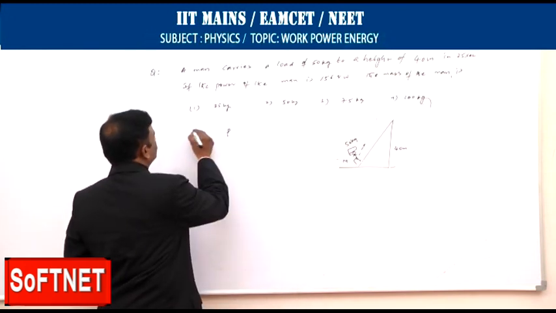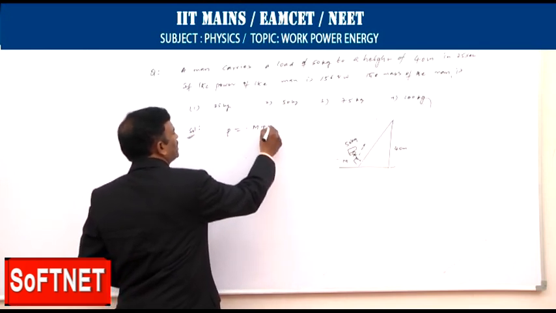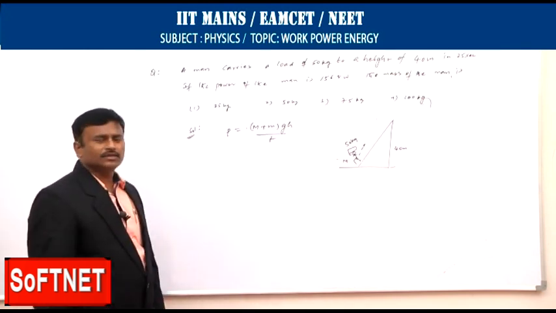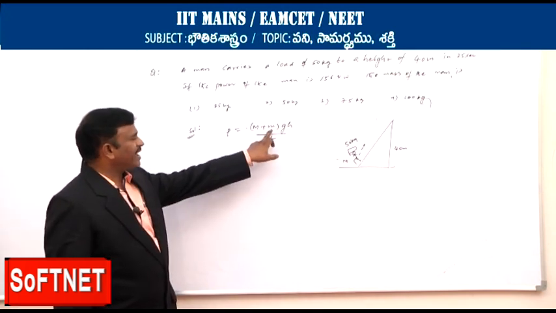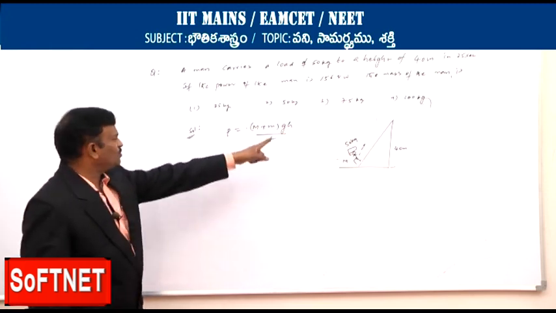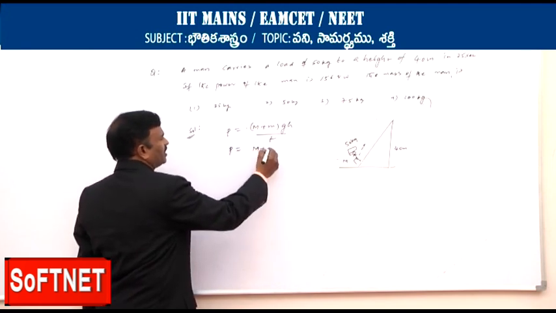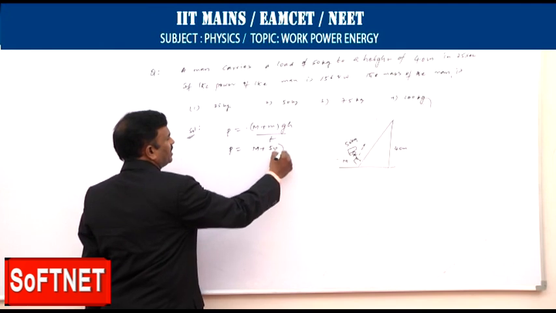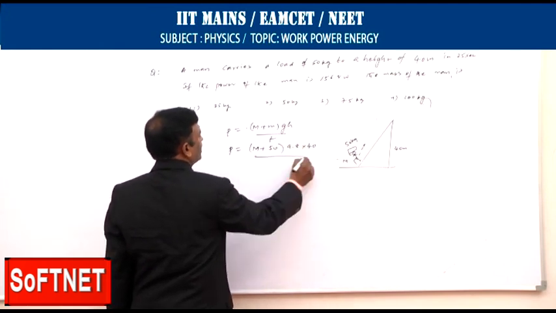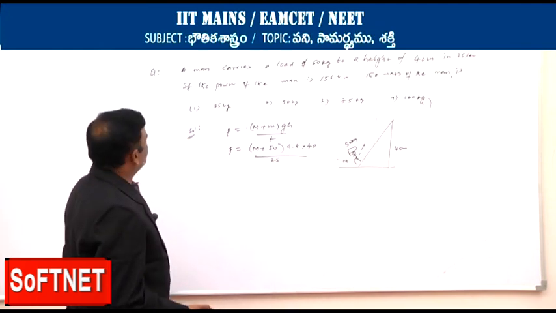So the solution: power is equal to M plus small m into g into h by t. His mass is capital M, the carried mass is small m, g is gravity, h is height. Against gravity this much work has to be done. So power is equal to, M is the mass of the man, we need to find out, he is carrying 50, into g is 9.8, into height 40 meters, in a time of 25 seconds.